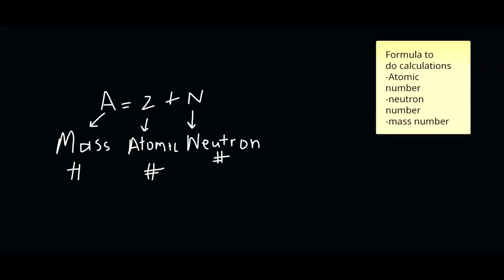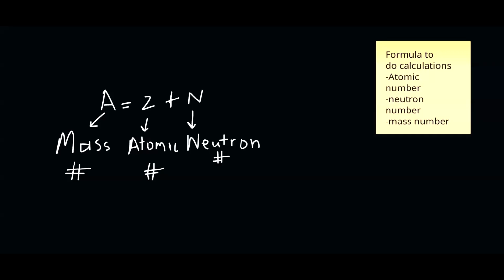This is a simple way to represent the amount of protons and the amount of neutrons. When you combine protons and neutrons, you get what we call the mass number.